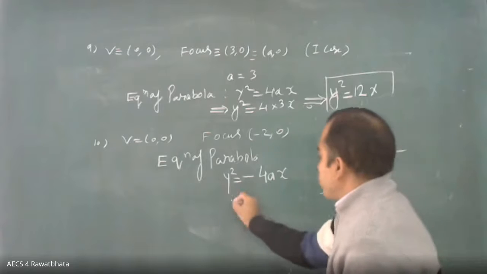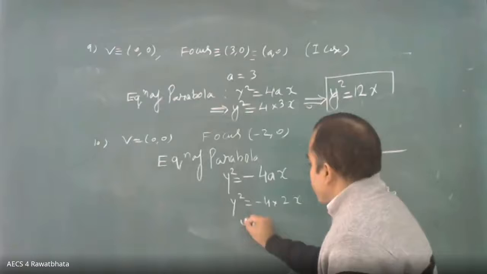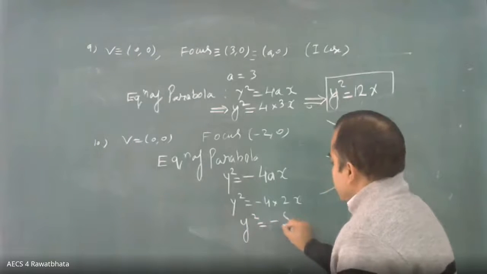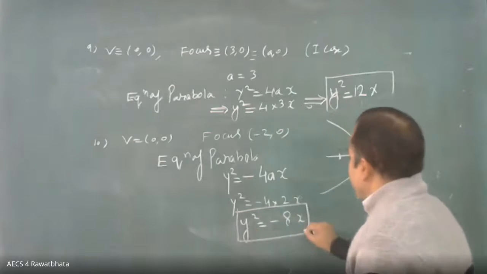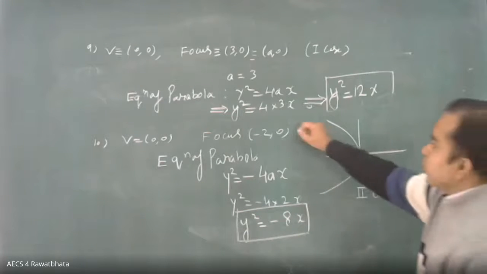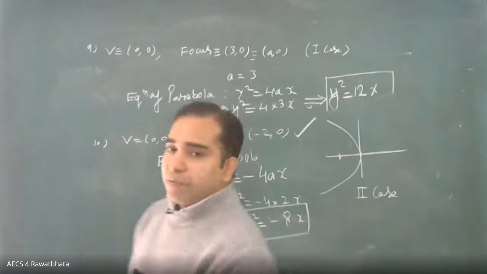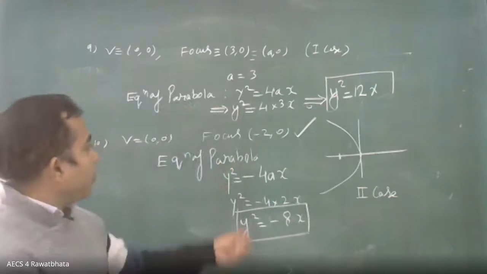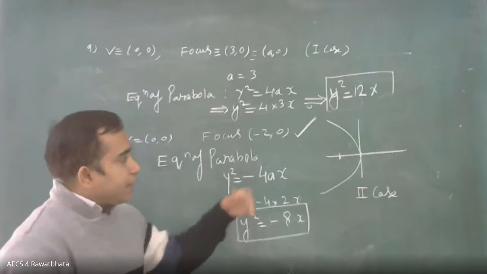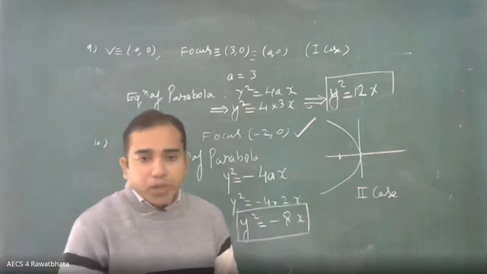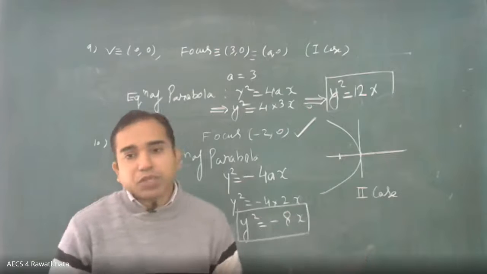So y square equals minus 4 into 2x, so y square equals minus 8x. So in these questions, some information about the parabola is given. We have to decide which case it is, and then get the value of a. The equation in each case is fixed; only we have to put in the value of a. As you put the value of a, your equation is ready.